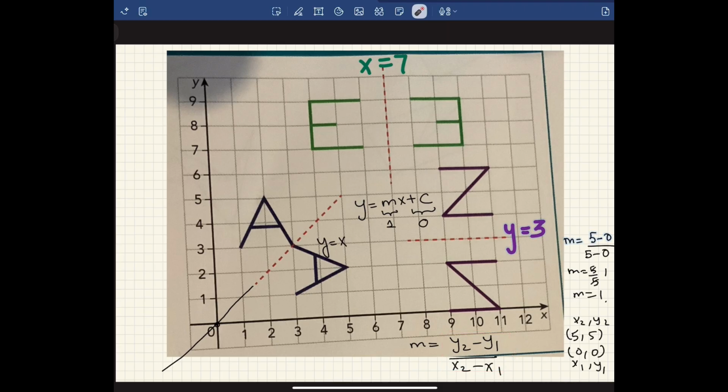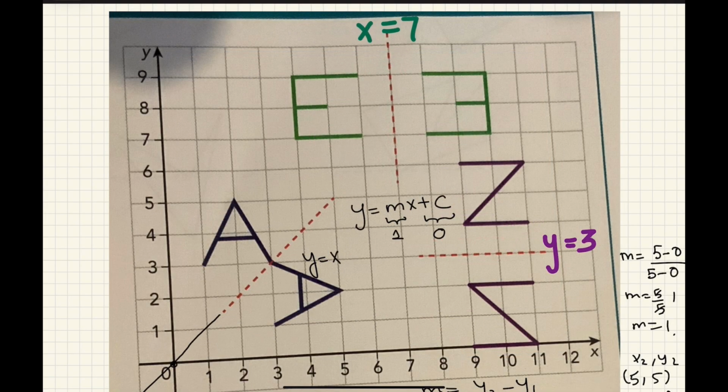And x1, y1, x2, y2 are basically any two coordinates on the line of reflection. So that is your choice. You can choose any 2 points on the line, find the value of the gradient, and then substitute it in this general form to find the equation of the line of reflection. So basically this is how you find the equation of the line of reflection.